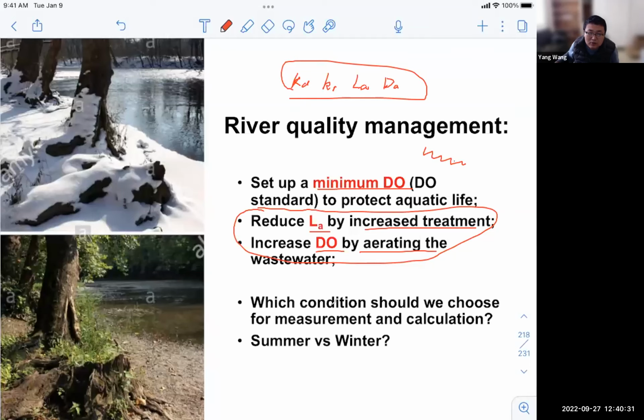We can do the measurement during the summer or the winter, but if we really try to evaluate the worst case scenario, people will do the measurement during the summertime, because in the summertime, the river water quality is most impacted by these organics.